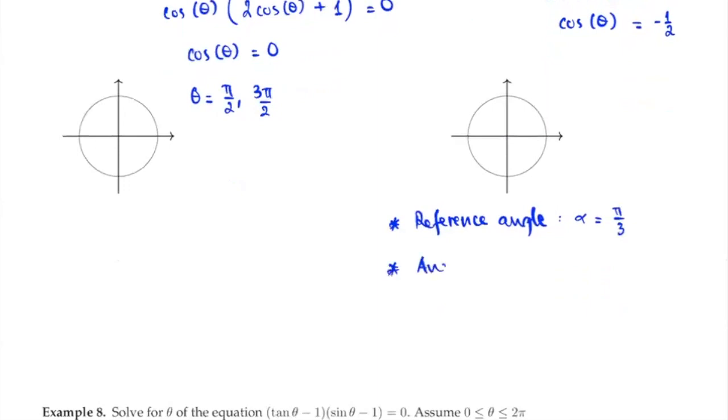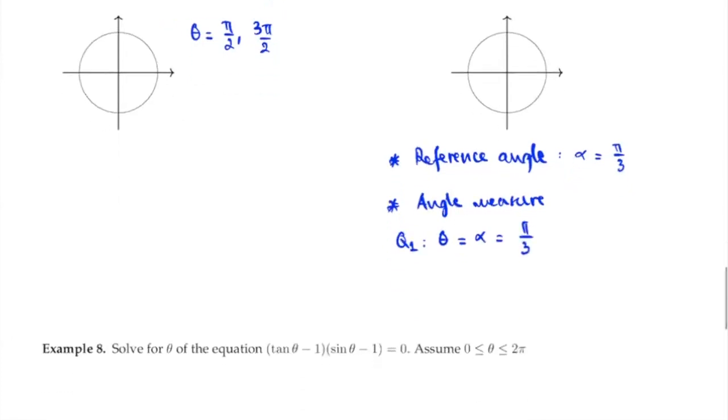Okay. Now, after you get the reference angle, you find the angle measure, when you calculate the corresponding theta in every quadrant. Right? So in quadrant 1, theta is equal to alpha, equal to pi over 3. In quadrant 2, you have theta equal to pi minus alpha, equal to pi minus pi over 3.